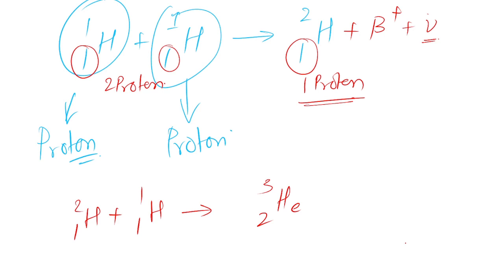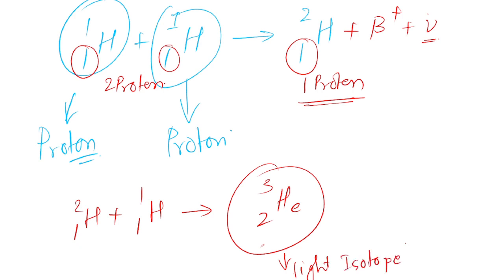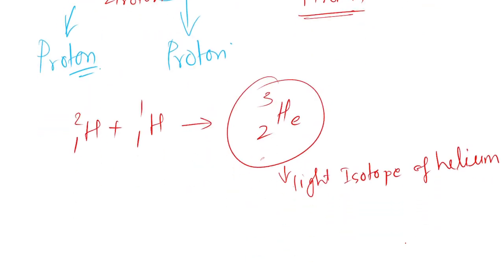Now this is an isotope of helium, a light isotope of helium, right? But this helium isotope which is formed on the right side is not alone. It's accompanied by a gamma ray, which is a burst of energy.